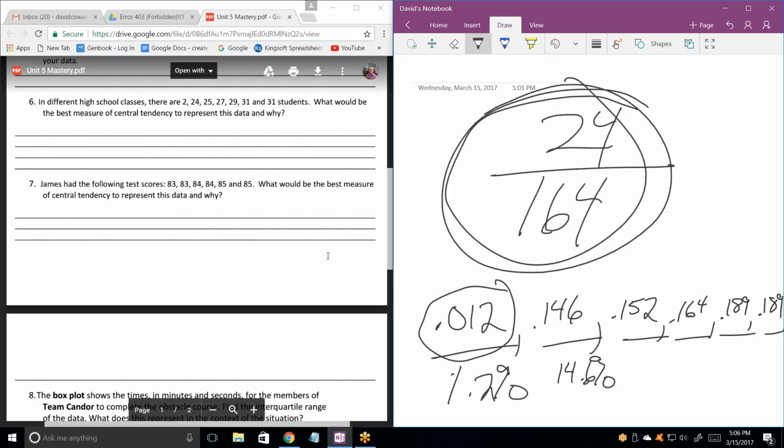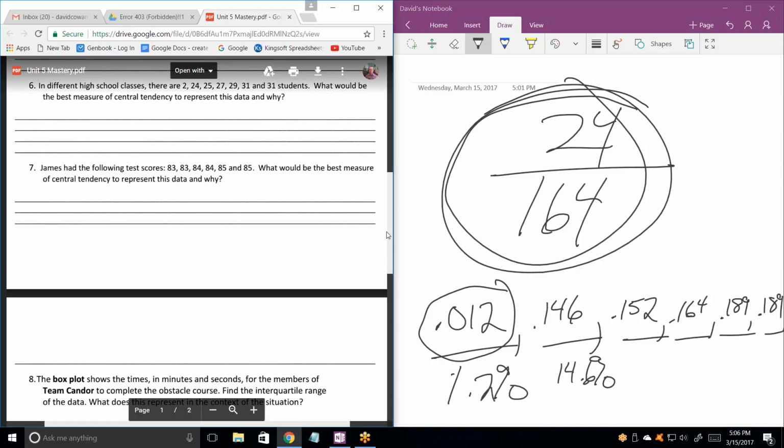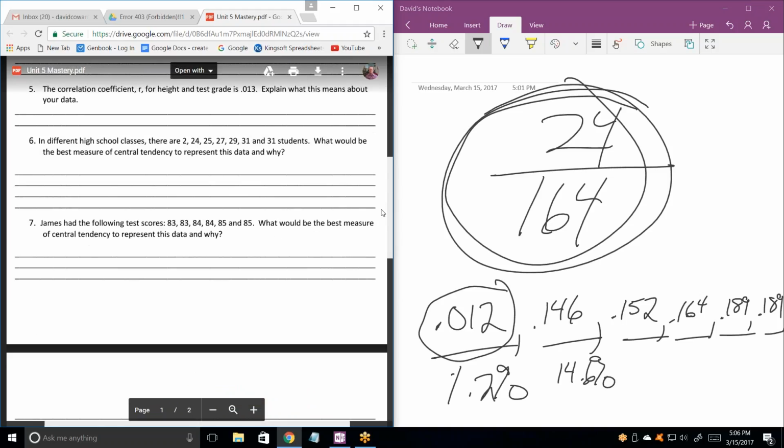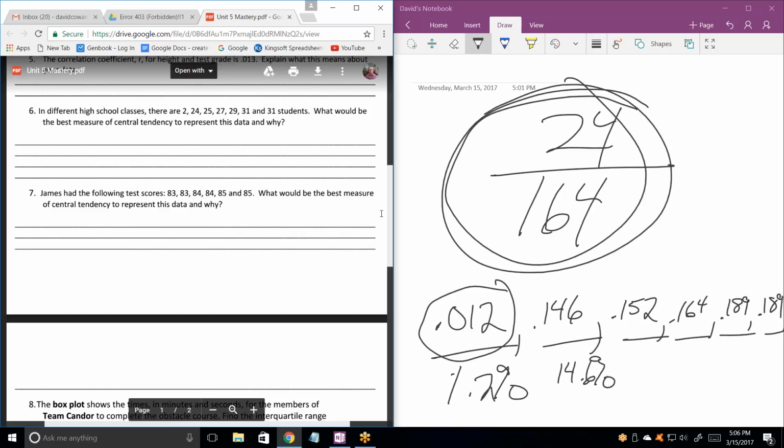So about the only thing I can suggest is let's skip number 7. I took a guess at number 6. I'm not even sure my answer on number 6 is correct. But at least it makes some sense. It would make some sense to know what percentage of total students are in class number 1 and in class number 2 and so forth.